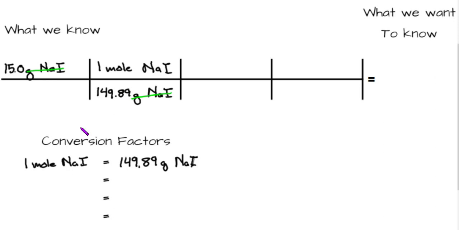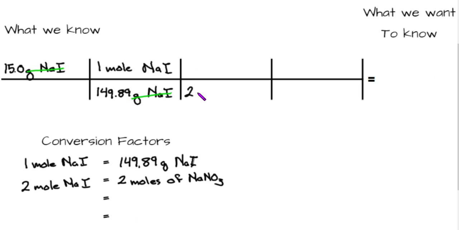All right, if I take a look at the balanced chemical equation, I see that for every 2 moles of sodium iodate, I get 2 moles of sodium nitrate.